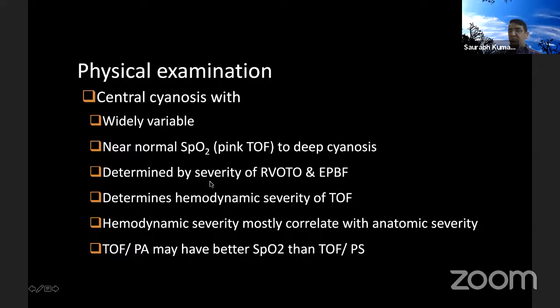And the cyanosis is determined by the severity of RVOT obstruction and the amount of pulmonary blood flow which is getting oxygenated, not the one which is already shunted. So we know the lower the effective pulmonary blood flow, the more the cyanosis.